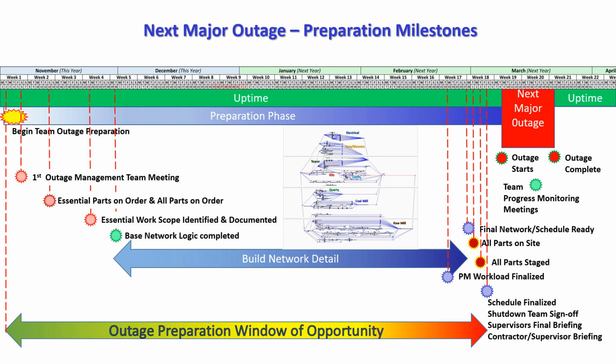And this becomes our total window of opportunity for all the outage preparations. And here we have a preparation milestone indication of what needs to be completed during this window of opportunity.